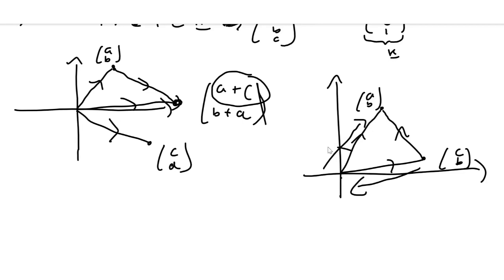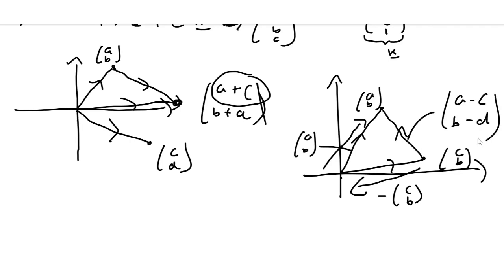Well, this vector here is just A, B. So this vector, well, it's the same distance as this one here, but we're going in the opposite direction. So all we do is we know this vector is actually minus C, D, and then we just add them together. So this vector here is given by A minus C, B minus D. Okay, so hopefully that makes sense. So that's how you find the vector between two points.